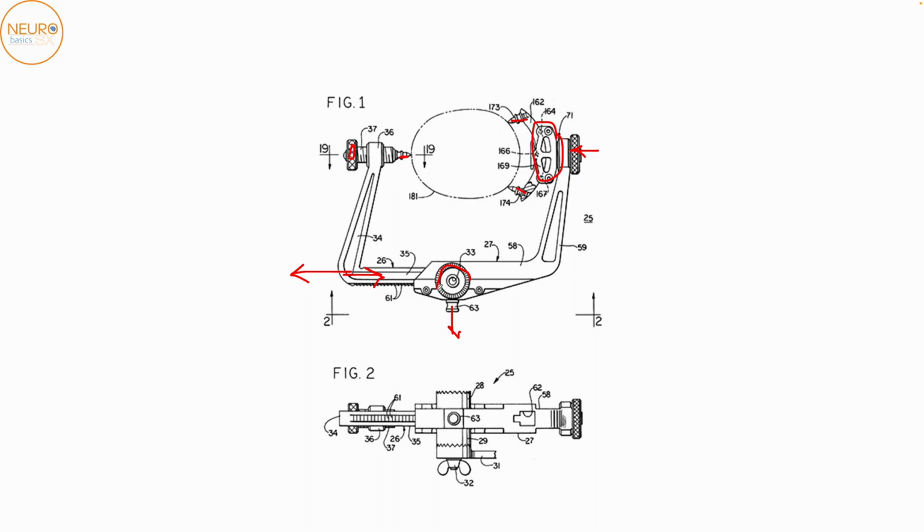This part over here is attachment to the rest of the frame. Another important thing present on this screw where the single side pin is attached is, on the outside of the screw there's a screw head. Once you rotate this screw and dig the pin into the skull, the screw head will start popping out.